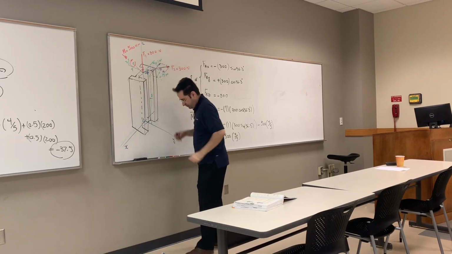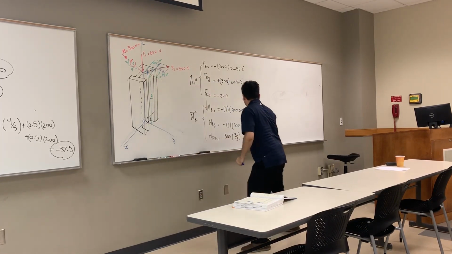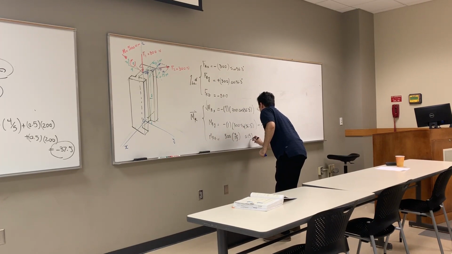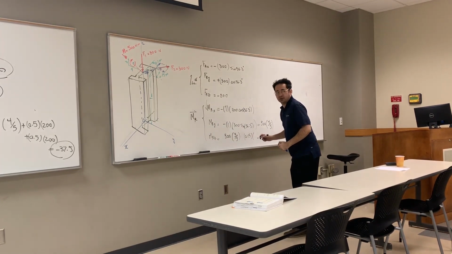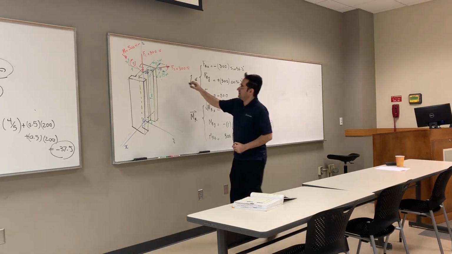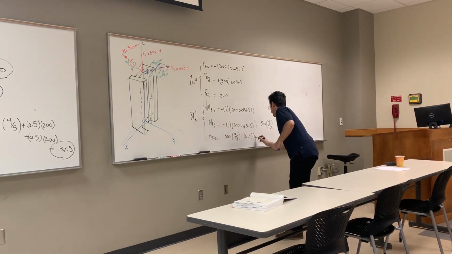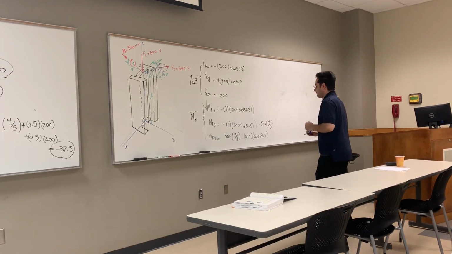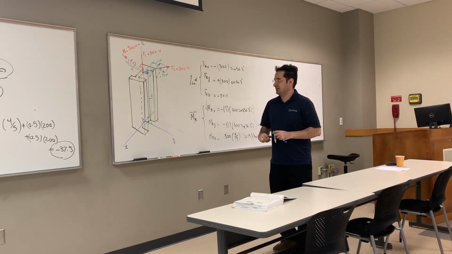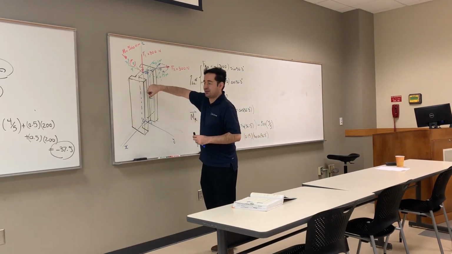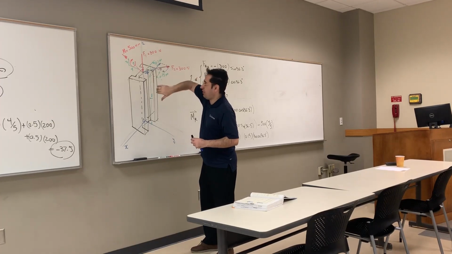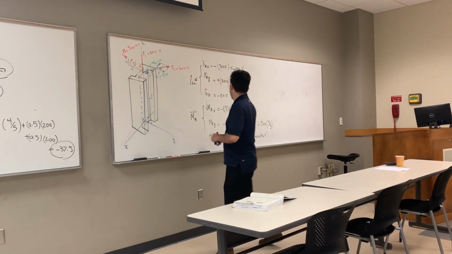From here to here, 0.15, times 300 cosine, since we are moving this component, 300 cosine 56.3. Positive or negative? Negative. You see that? R cross F, negative.